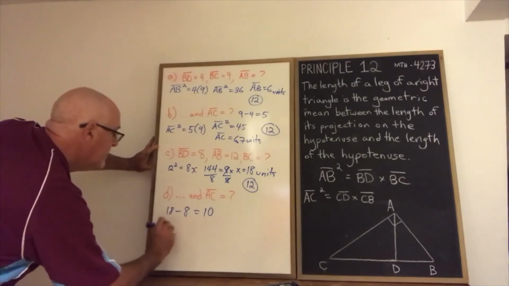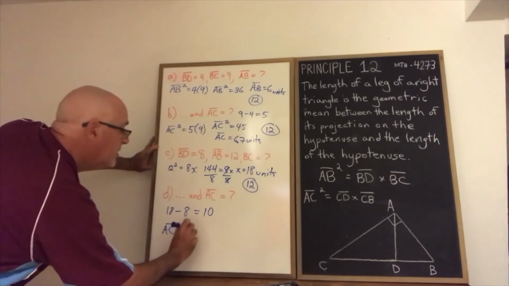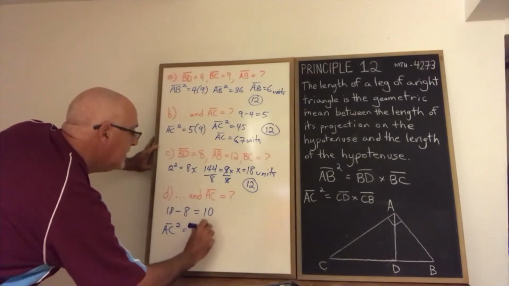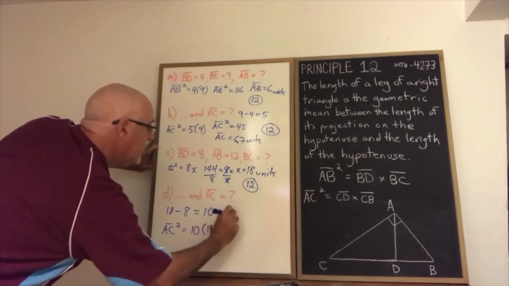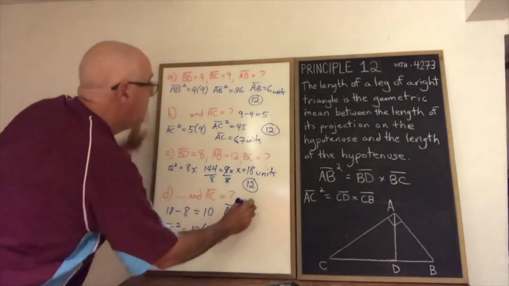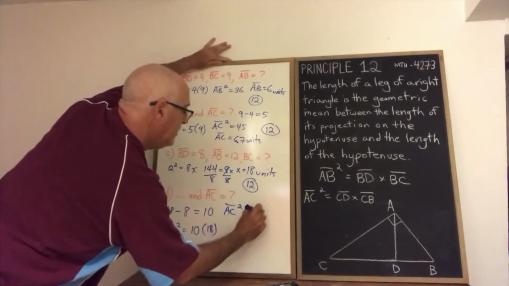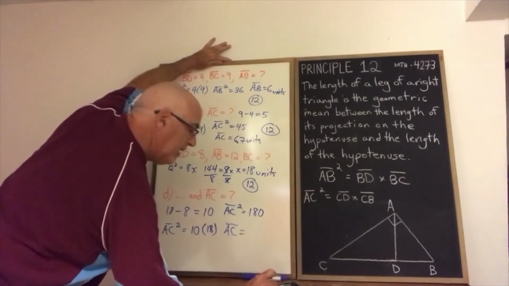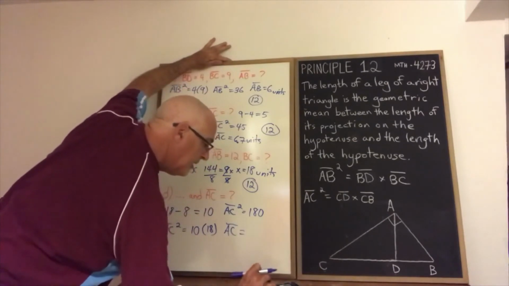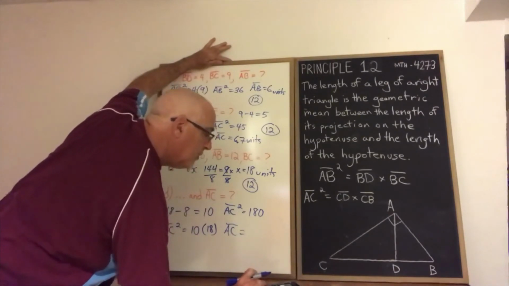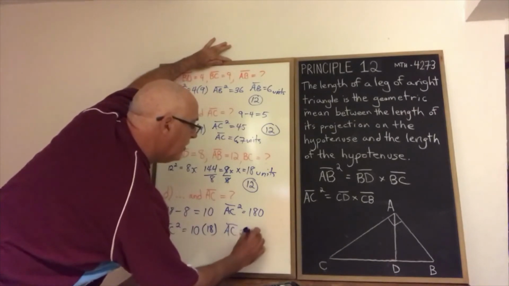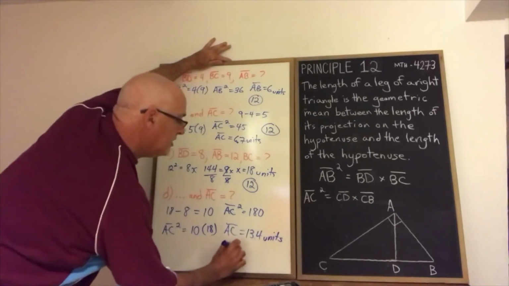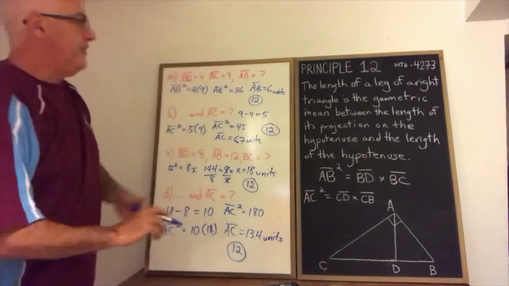AC squared is equal to 10 times 18, which is 180. Therefore, AC is going to be equal to the square root of 180, which rounds to 13.4 units, and I used Principle 12 again.